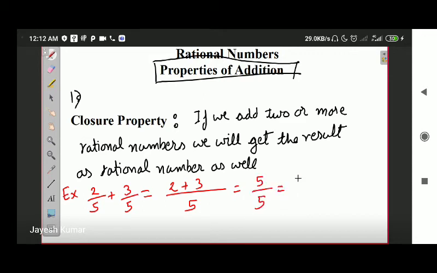You simplify it, you will get the answer 1, and I can write 1 as 1 upon 1. We discussed this earlier: if we have an integer, that can also be represented as a rational number. How? We just write 1 in the denominator. So on simplifying 5 upon 5, we get 1, and 1 upon 1 is our rational number. So if we add any two rational numbers, the answer is always a rational number.